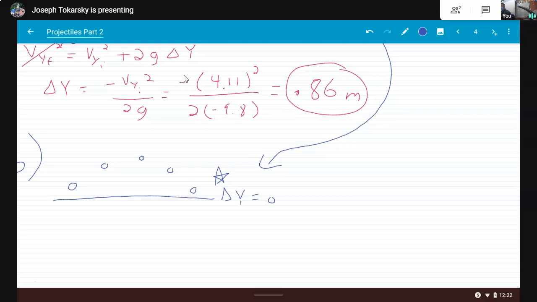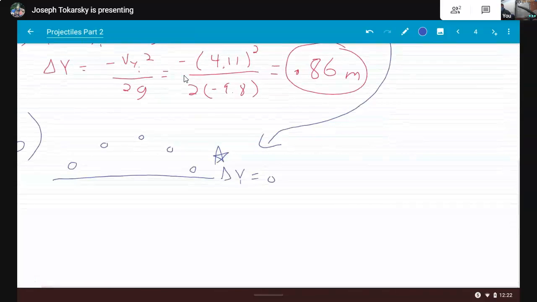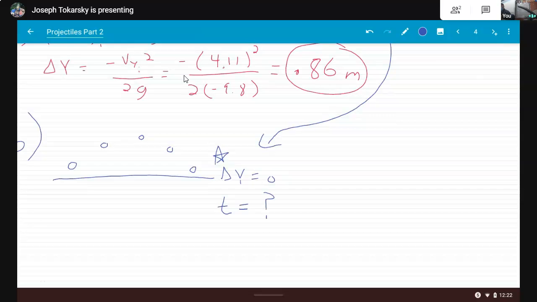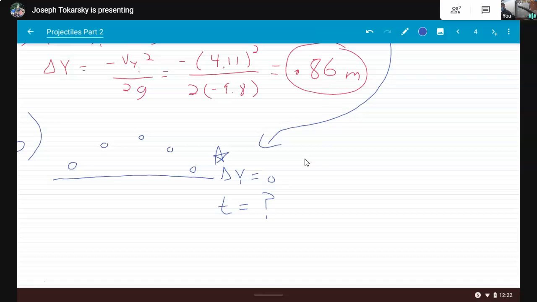So I have delta y 0. I know Vy initial, I know g. I still need to find t. That's what it'll be, the total flight time from beginning to end. Plugging in that is 0. So that's going to be equation number 2.